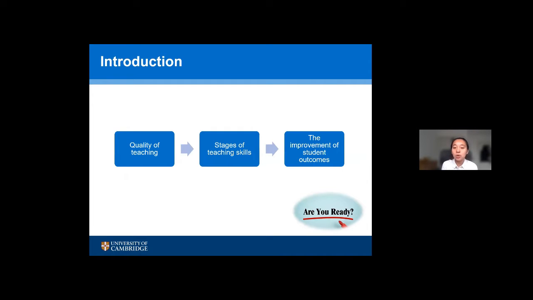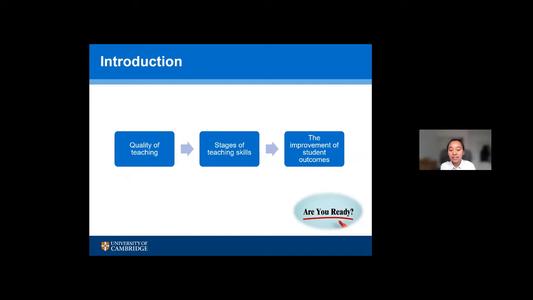So let me go into more detail about the introduction. Over the past decades, there has been a great focus on the importance of promoting quality of teaching and improving student outcomes. Lots of studies of teaching effectiveness have indicated that student achievement is related to quality of teaching.